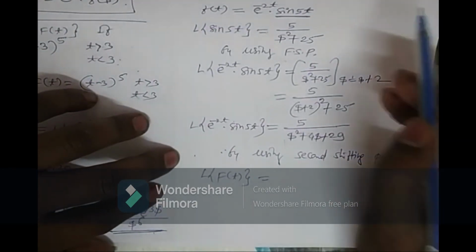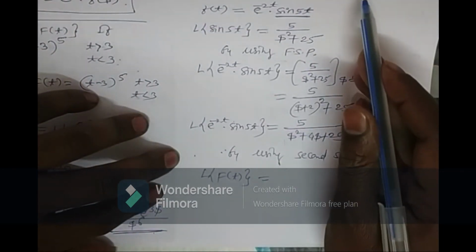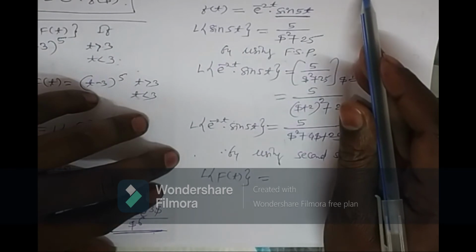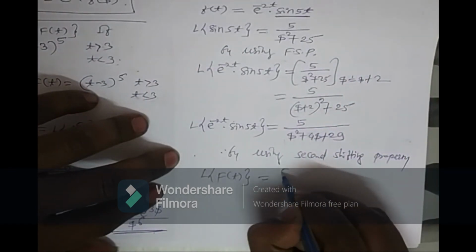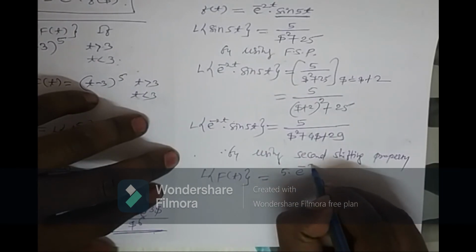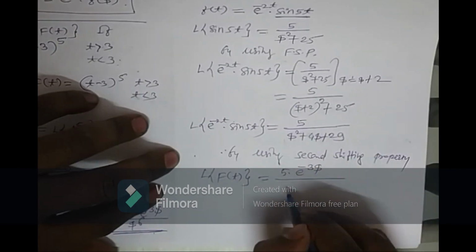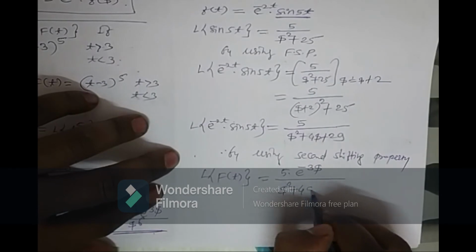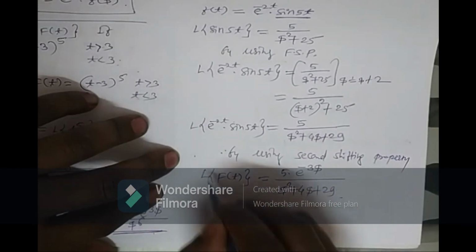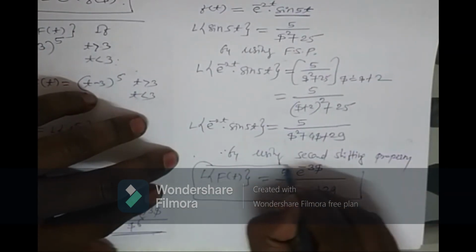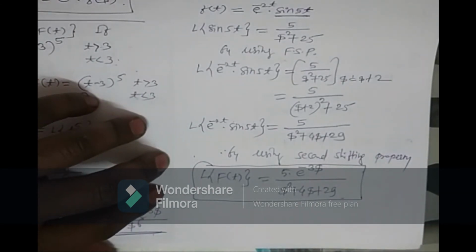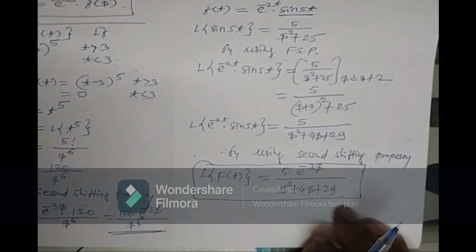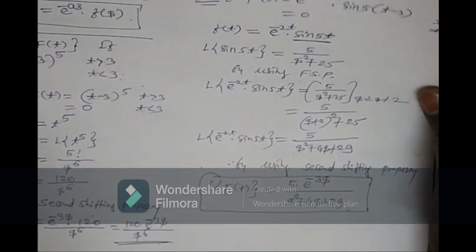Just what we have hidden in the example, that is minus 3. So 5 as it is, e raised to minus 3s divided by s square plus 4s plus 29. This is Laplace transform of f of t. In this way we have to solve the numericals in the second shifting property.